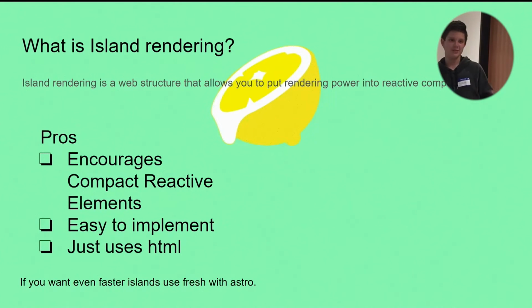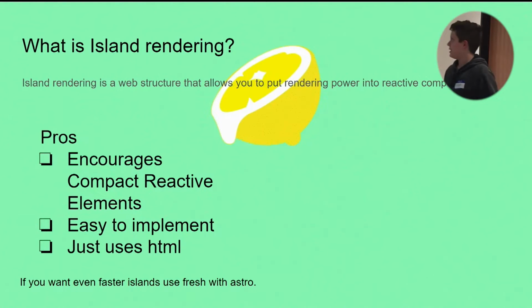So island rendering, do any of you know what that is? Okay, so island rendering is a web structure where it is exactly, it's Occam's razor, I think that's what it's called. The simplest thing is the web components are like islands in a sea of the website.